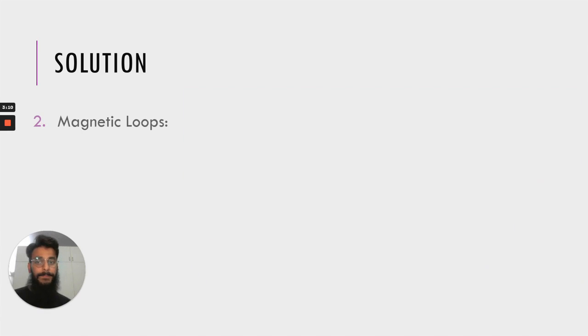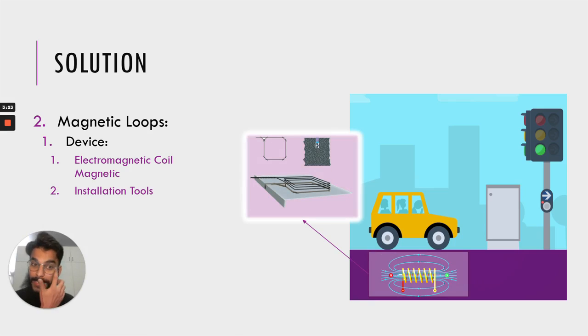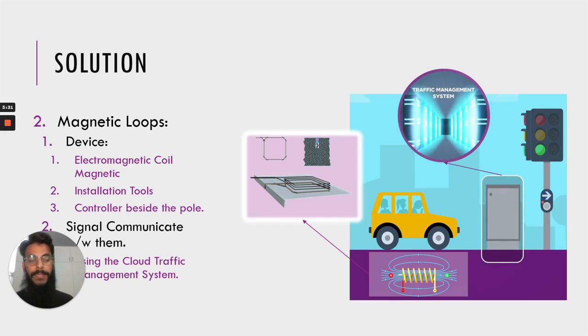As I explained, there is an electromagnetic coil in the road surface which detects the density of the load and notifies the controller, and the controller notifies the traffic management system, and the system sends the result to the signals.